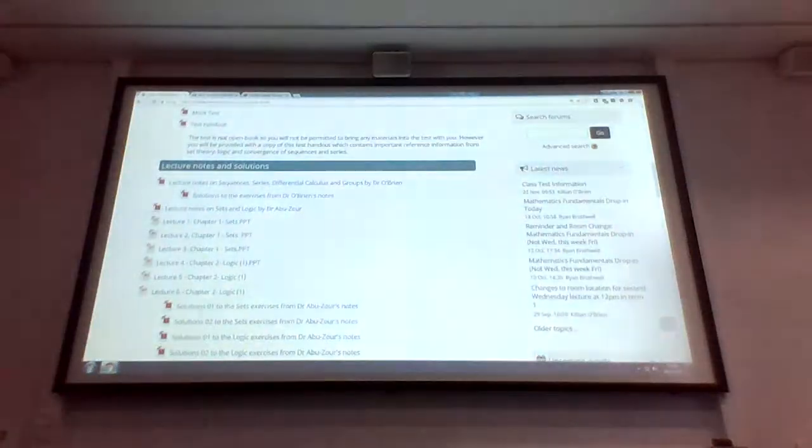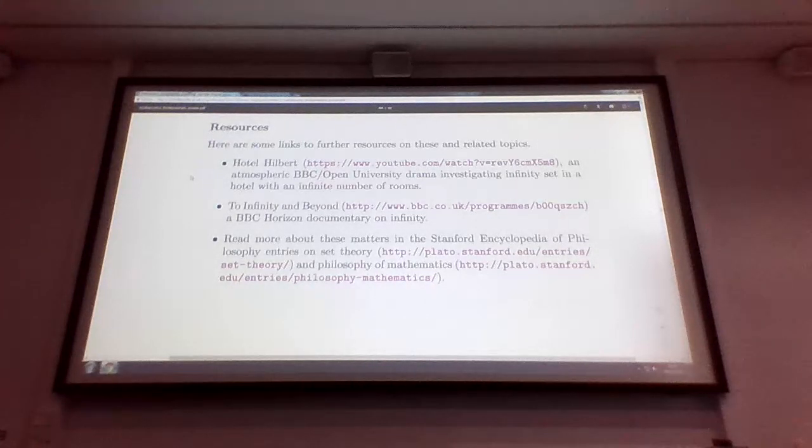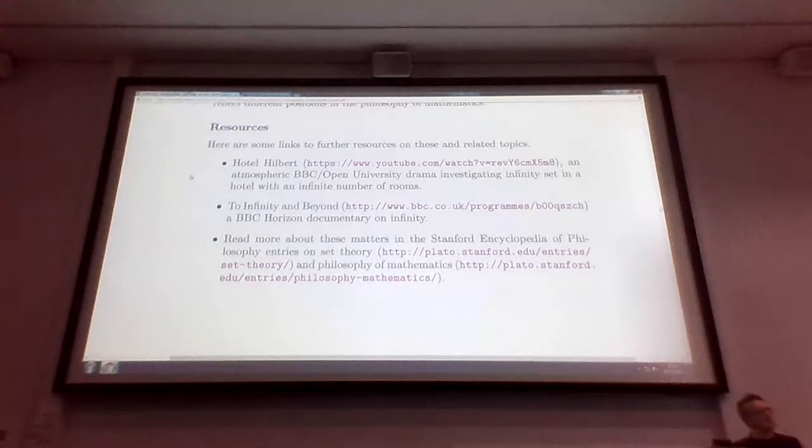There was this other, it was a drama. It was like a short play made on the theme of this, about a story called Dilbert's Hotel. Well, David Hilbert was a famous German mathematician around at the time of Cantor. He was one of the ones who did embrace Cantor's new view on mathematics, and he was really trying to push mathematics forward at that time.